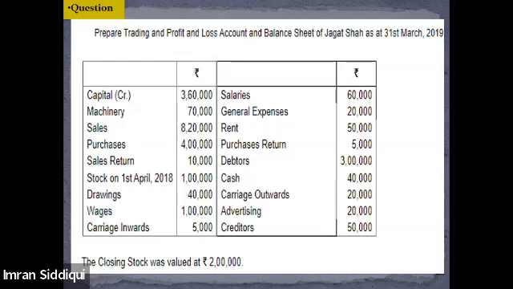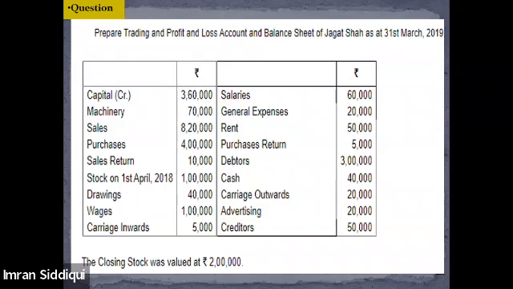Okay, Labiba, your answer, please. Tell me the final balance value for the balance sheet. 6,10,000.